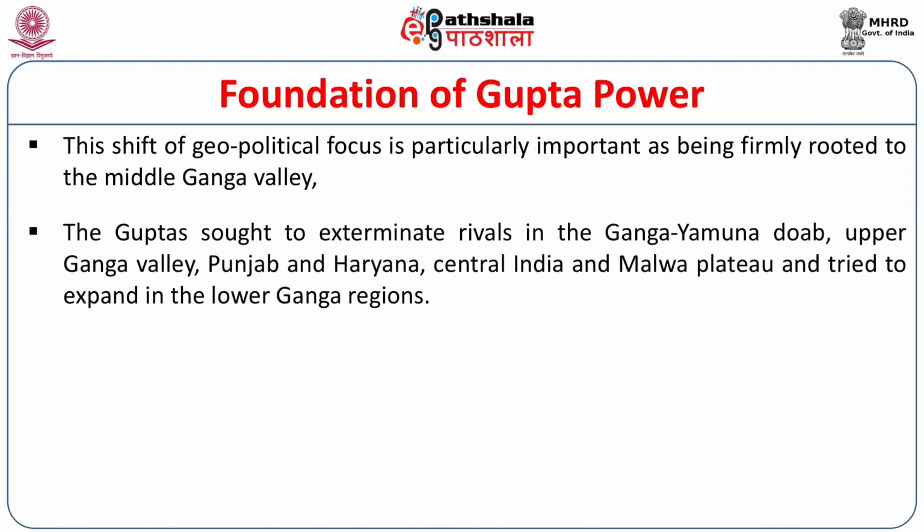Being firmly rooted in the middle Ganga valley, the Guptas sought to exterminate rivals in the Ganga-Yamuna Doab, Upper Ganga Valley, Punjab and Haryana, Central India and the Malwa Plateau, and tried to expand into the lower Ganga regions. So there was a mood of expansion.